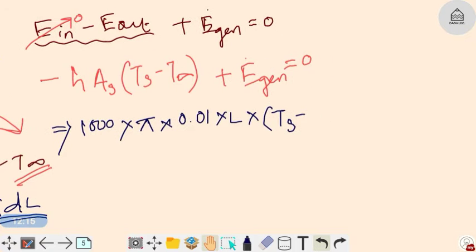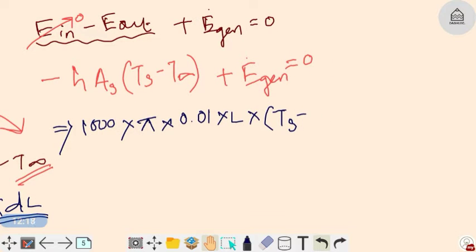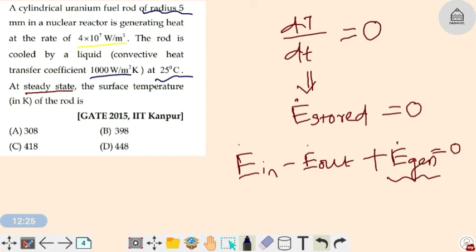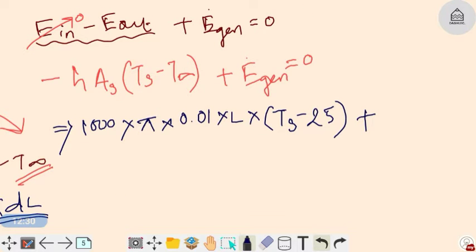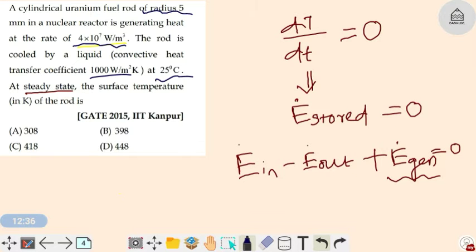So yes, 25 plus E generation. E generation is given per unit volume, so we need to multiply 4 into 10 to the power 7 into volume. What is the volume?